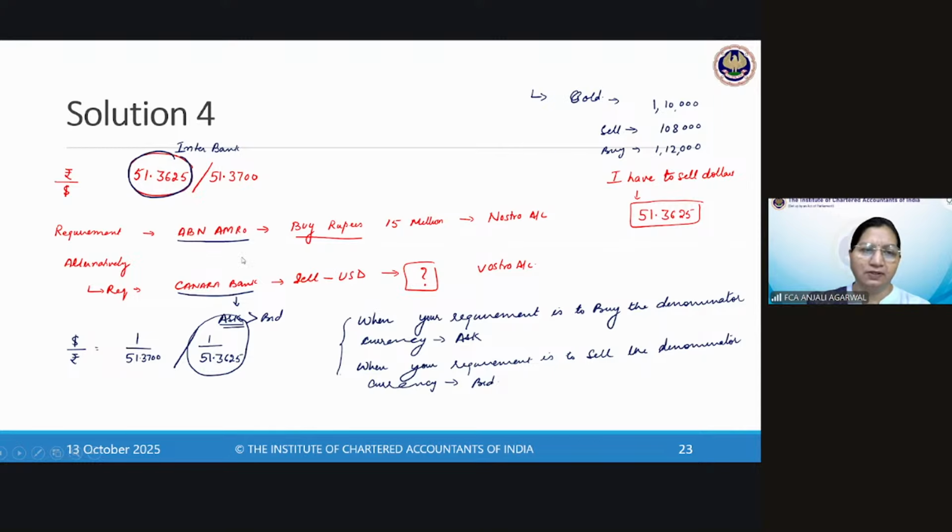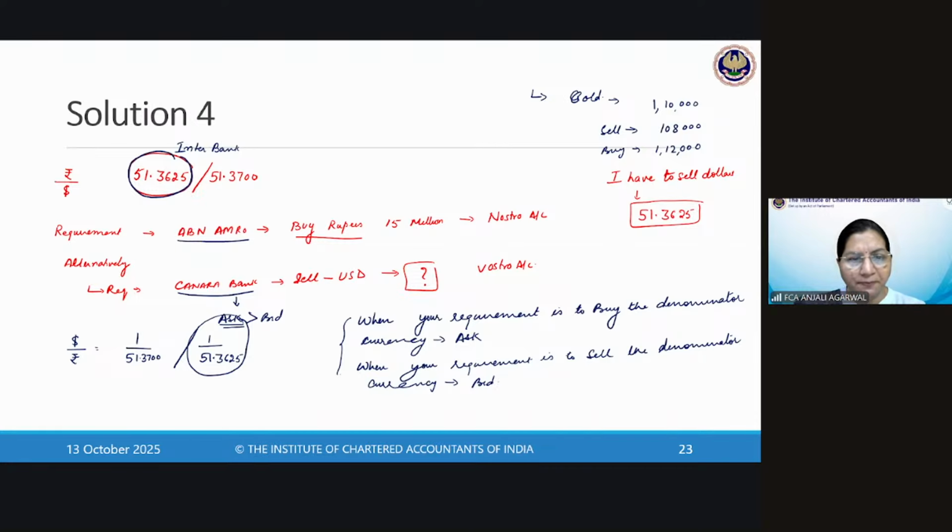So now Canara Bank is not going as a bank, it's going as a merchant. So it will not go to the normal market, it will go to the interbank market, the place where two banks are trading or exchanging currency with each other. That rate will be applicable. The interbank rates are applicable for two banks, whereas the mercantile rates are what a bank offers to other customers, exporters, importers.